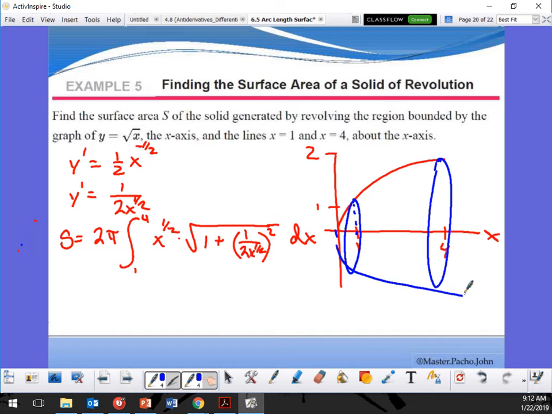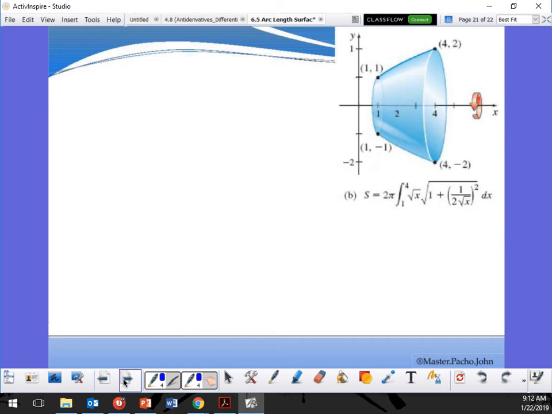So anyway, as we're plugging in, I think I need another sheet right here. So it's going to be 1/2 x.